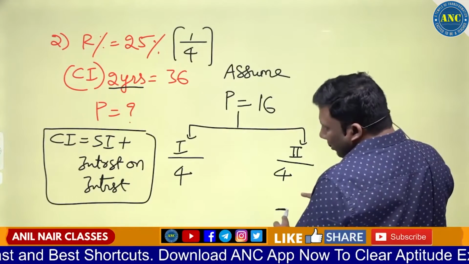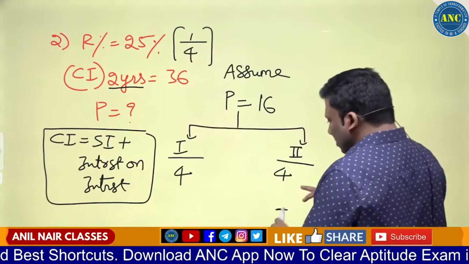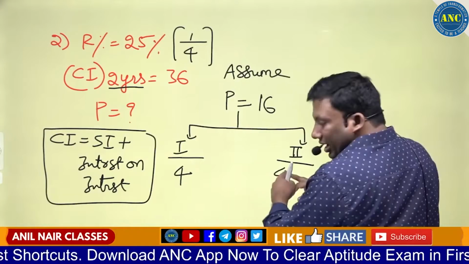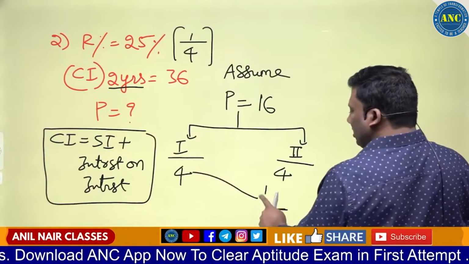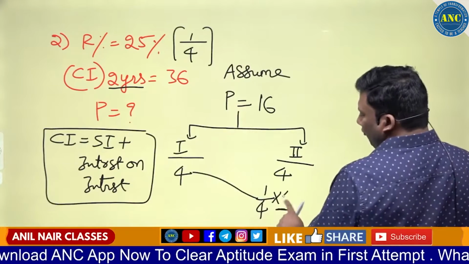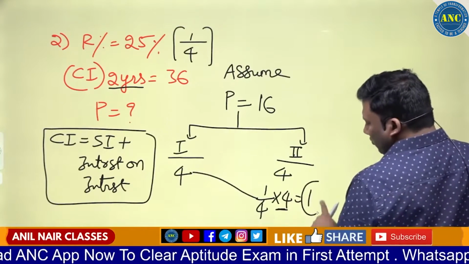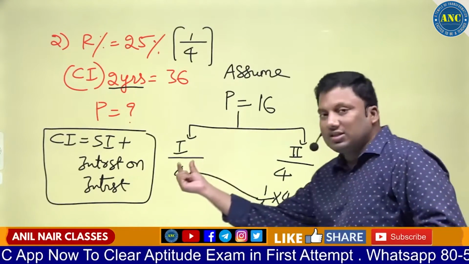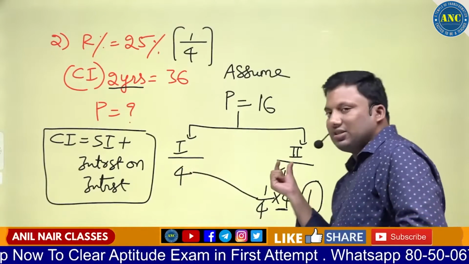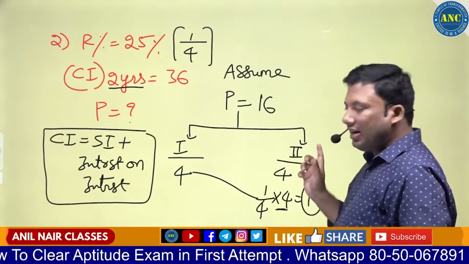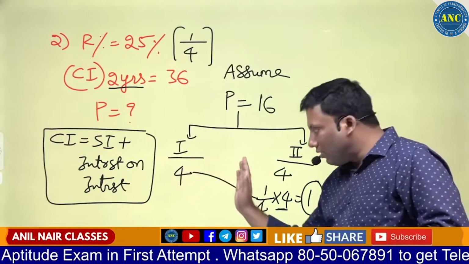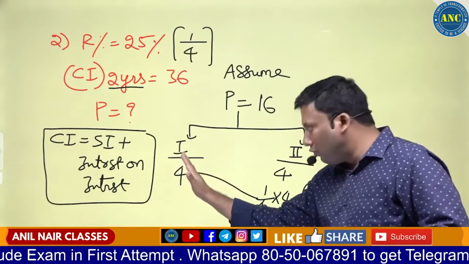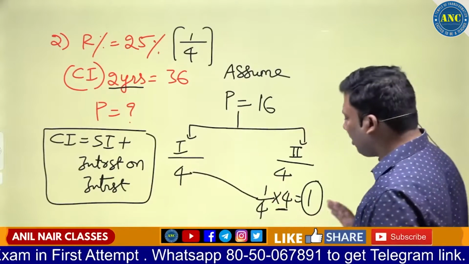So CI for 2 years will be SI plus interest on interest. On this 4, there is an interest: 1/4 of 4 is 1. This 1 is extra. What is the previous year interest? 4. On that interest, 1/4 of 4.